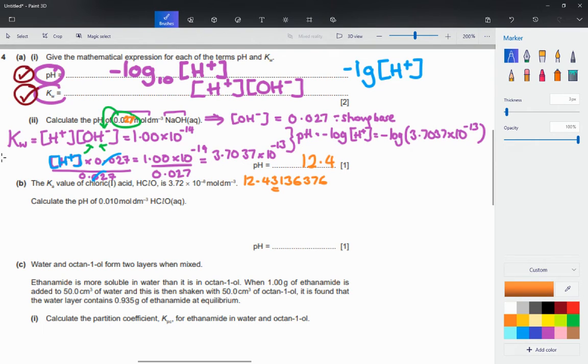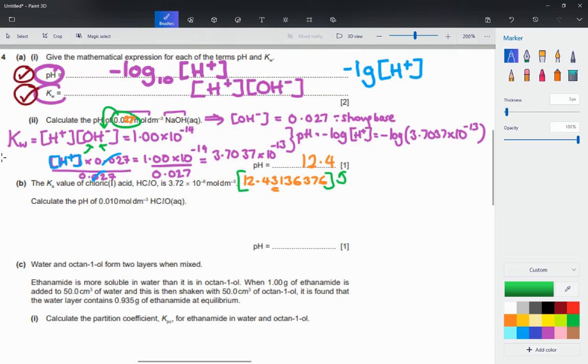And the mark scheme actually says that you need to have a minimum of 3 significant figures. So how do you actually get around this? Well, what you could do is put in your value of the calculator. So in this situation, it would probably be a good thing if you had the time to put in the full value of your calculator's reading into the pH.